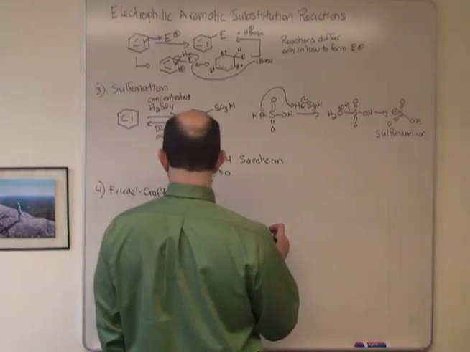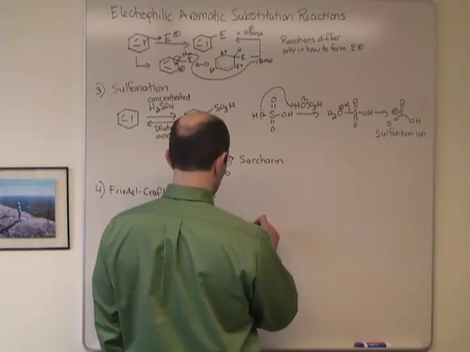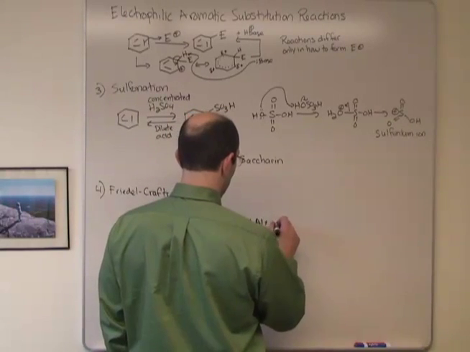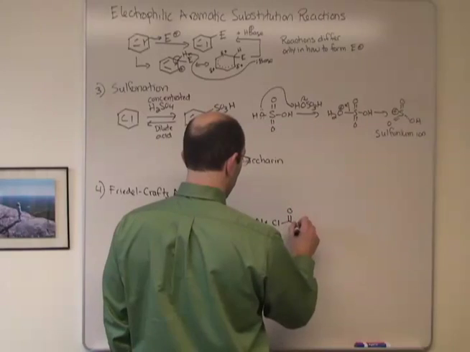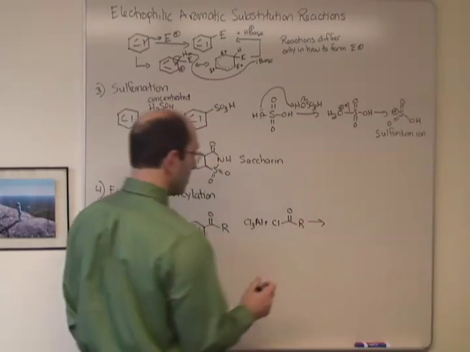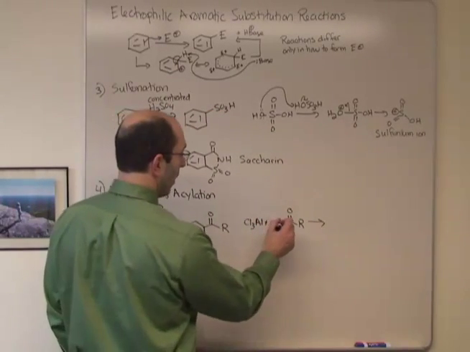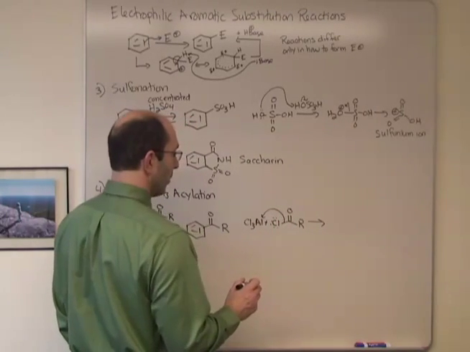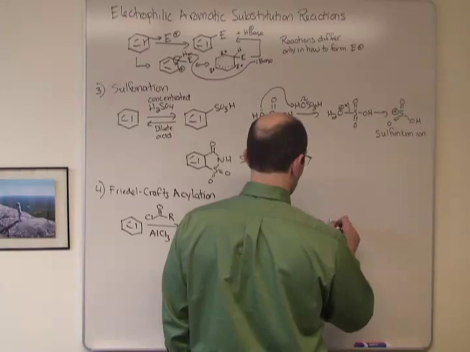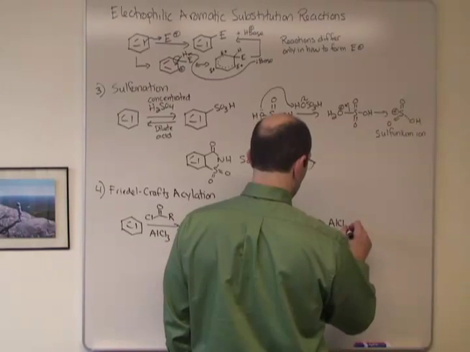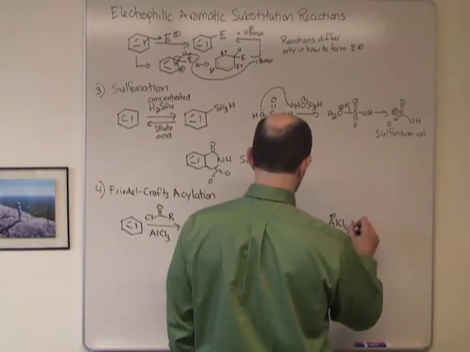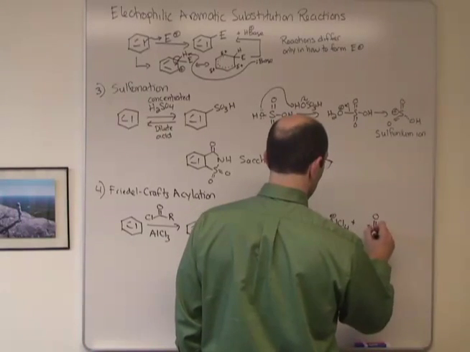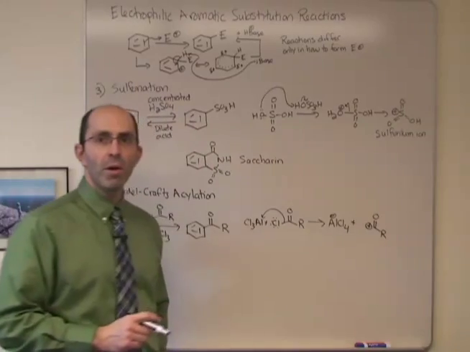When we think about what happens in this reaction to form the electrophile, acid chloride plus a Lewis acid, we can have the electrons in the carbon-chlorine bond react with the Lewis acid, and we get AlCl4 minus plus a strange-looking carbocation.